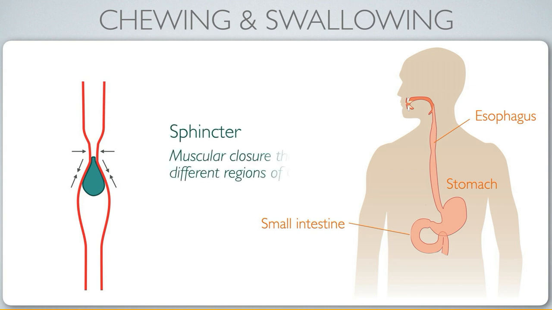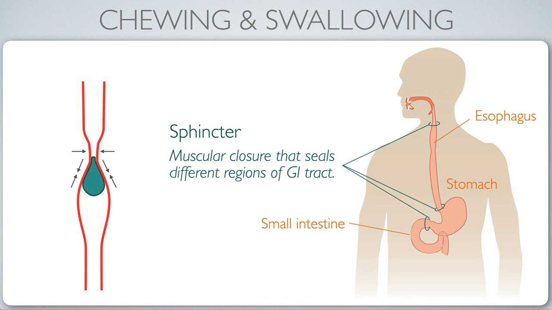That seal is provided by a sphincter. I've mentioned sphincters in the case of the urinary bladder. They are either skeletal or smooth muscle that lines, you can think of it as a tract or a vessel, and when it contracts, it closes it off.